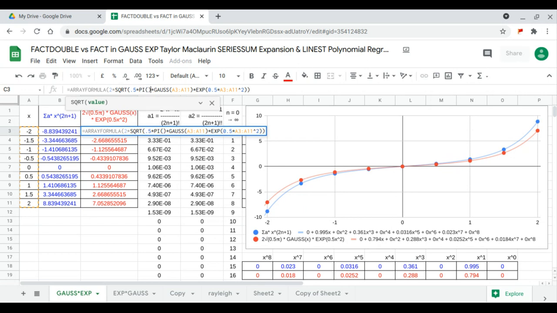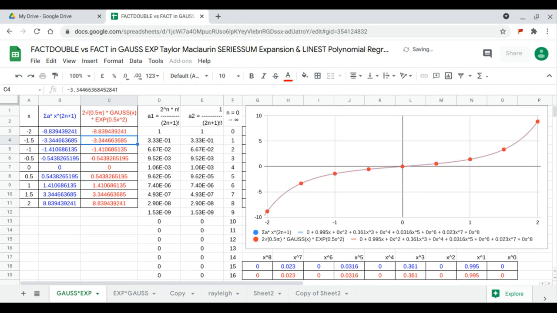Close the parenthesis and close the square root and enter. Now they're all in the same trend line. Their data sets are the same. Their polynomial regression coefficients are also the same, and their polynomials are the same.